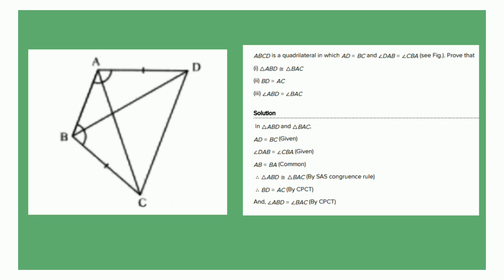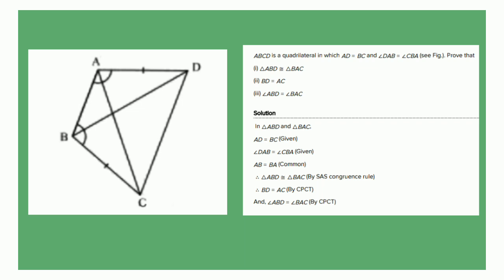So here the question is given that AD equal to BC and angle DAB is equal to angle CBA also given. And we know AB is the common side of these two triangles. So AB equal to BA or AB equal to AB. Therefore, we can say by using SAS congruence rule, triangle ABD congruent to triangle BAC.